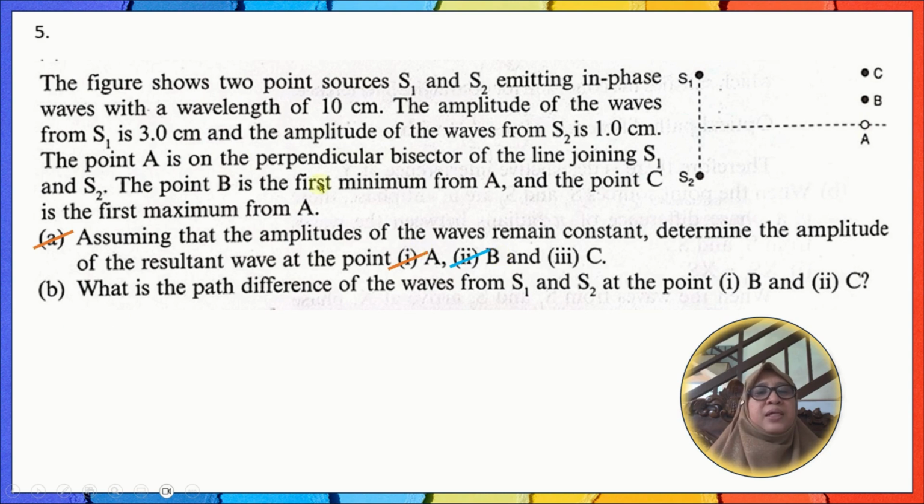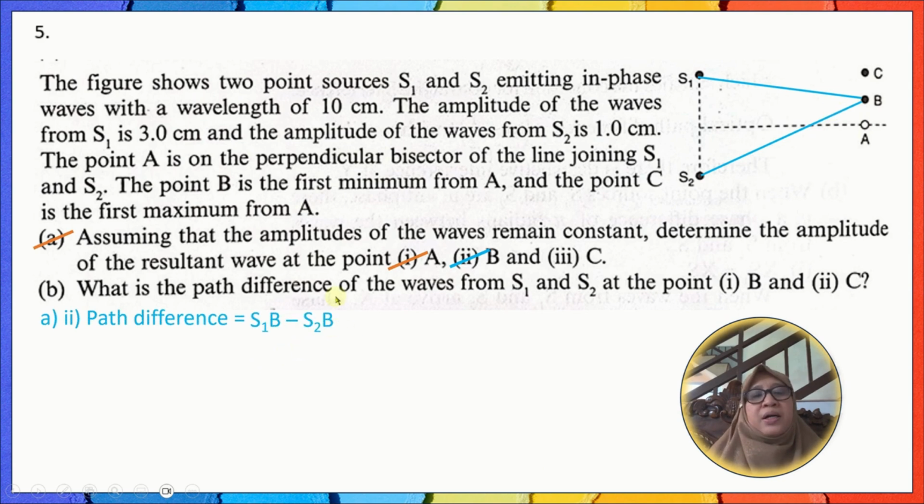For question B, it is minimum. For a minimum, the path difference will be in the form of m plus half lambda. If we calculate S1B minus S2B, the first minimum means half lambda, so m equals 0, and 0 plus half is half lambda.